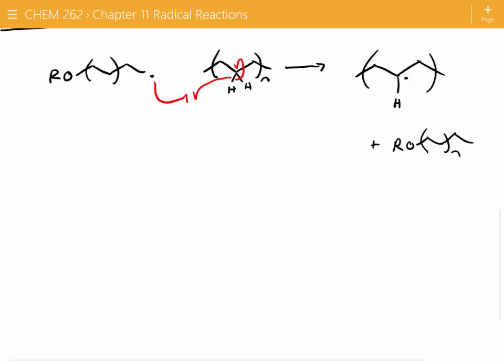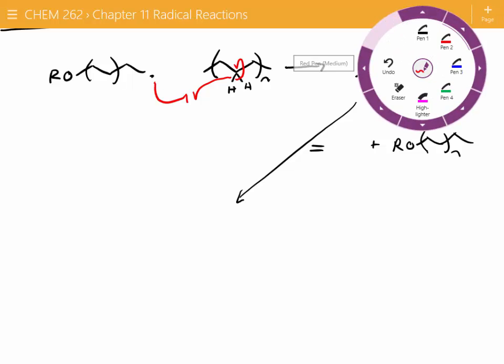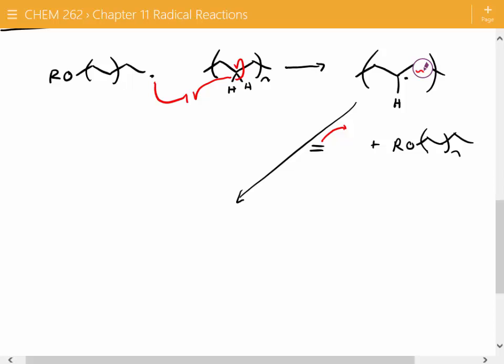And this polymer over here can now do an addition reaction with the new alkene. Oop. Gotta get my arrow bigger. And then the other group adds on the end.